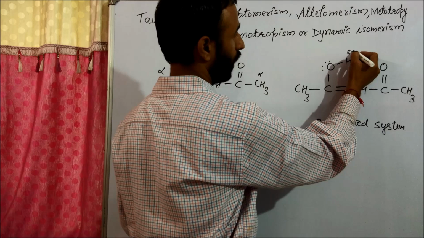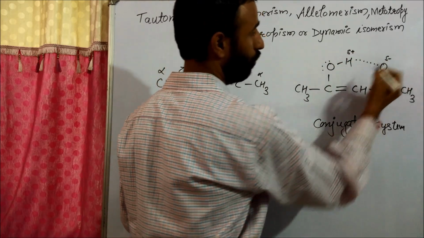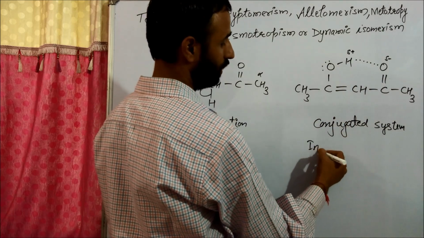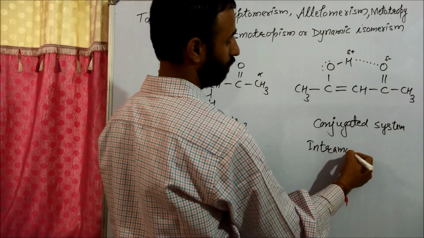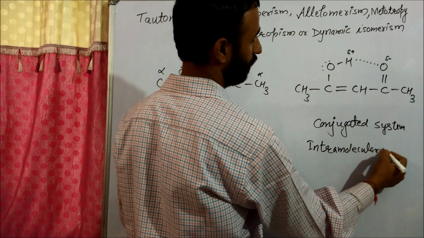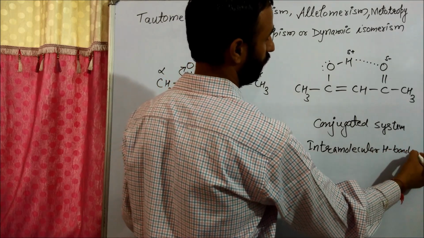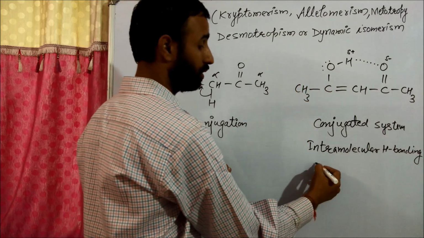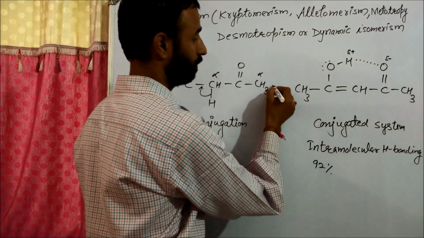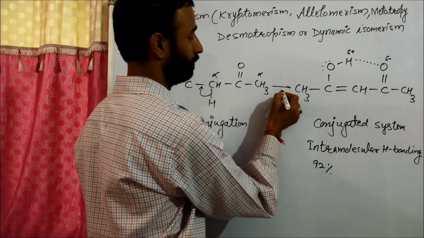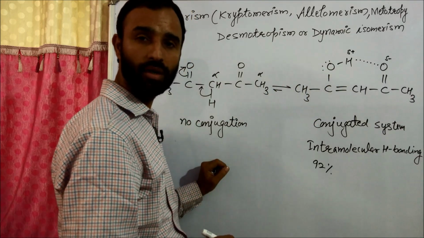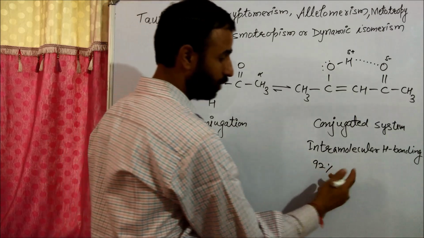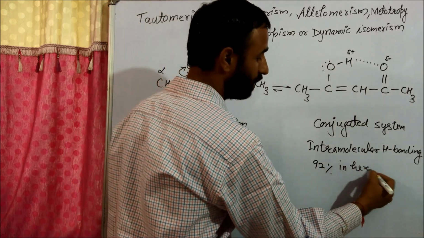Because this OH has partial positive charge and O has partial negative charge, there is a formation of intramolecular H bonding, and because of this the enol content is 92%, means enol form is better than keto form, 92% in hexane.